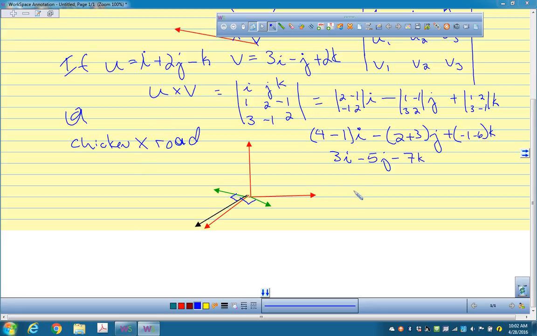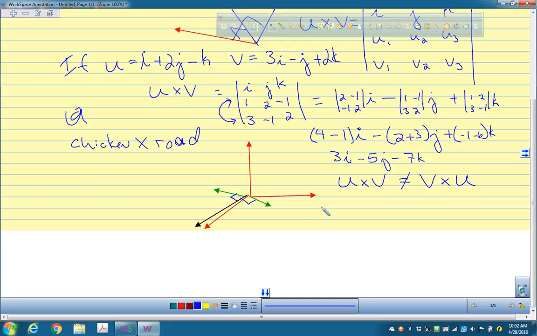So, just so you know, U cross V is not equal to V cross U. Okay? They're opposites of each other. So what is true is that if I switch these two, okay, then I would get V cross U, right?